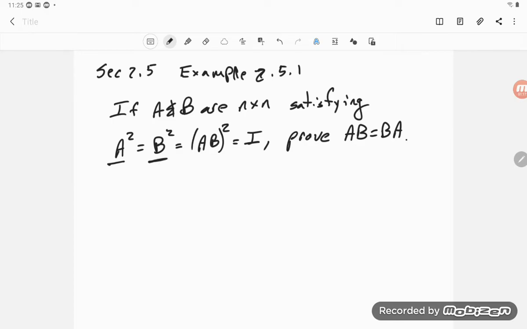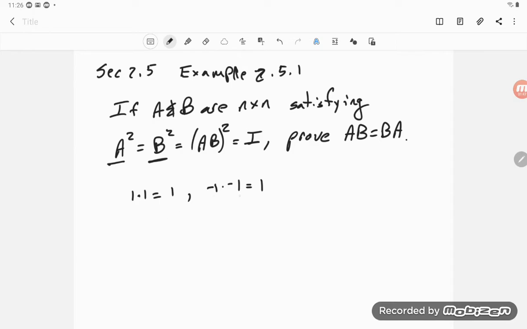Now the thing here is, notice that we have a couple of different matrices such that they are their own inverse. Now this shouldn't be totally surprising because we do have a couple real numbers that are their own inverse. Of course, one of them is 1, right? Because if I take 1 times 1, I get 1. And on the other hand, if I take -1 times -1, I get 1.